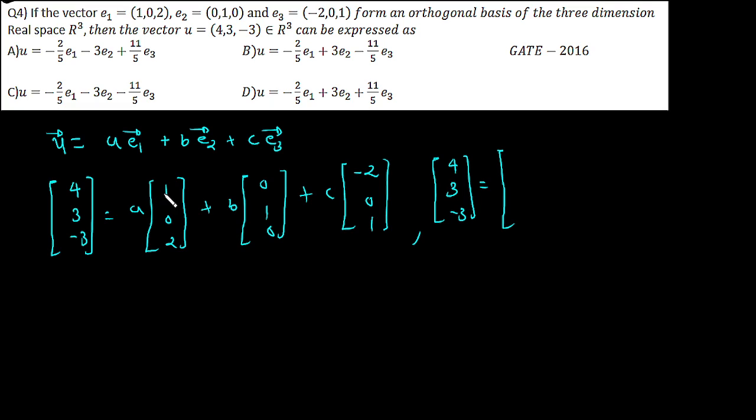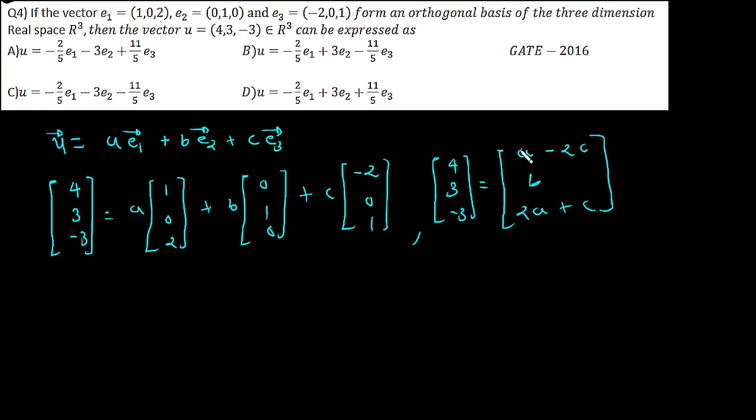So here we are getting a in the first entry, simply 0 from the second, and minus 2c from the third. In the second row we simply get b from the second vector and 0 from the first and third, and in the third row we are getting 2a from the a e1 vector, 0 from e2 and c from e3. Now these two vectors are equal, so we compare the entries on the left hand side and right hand side.